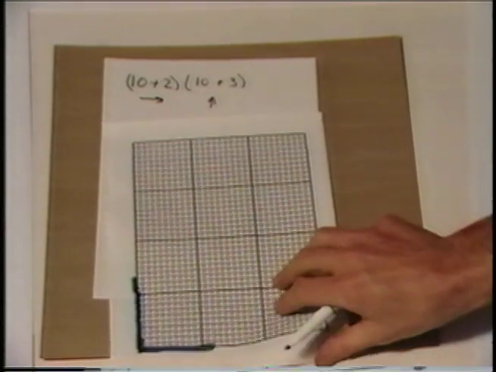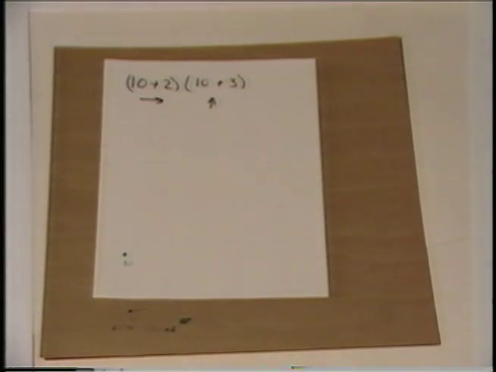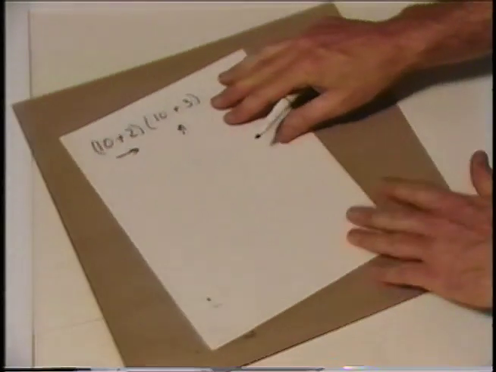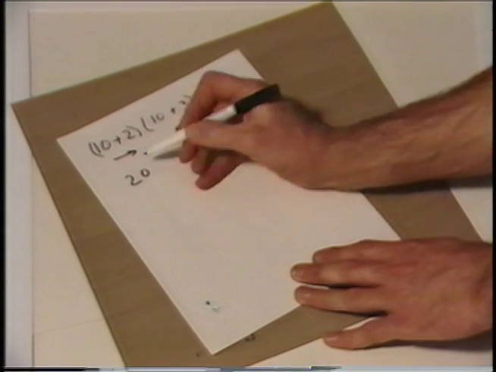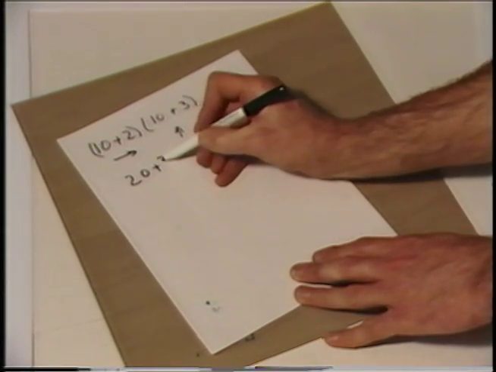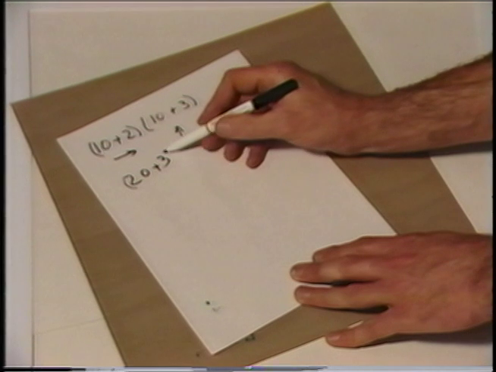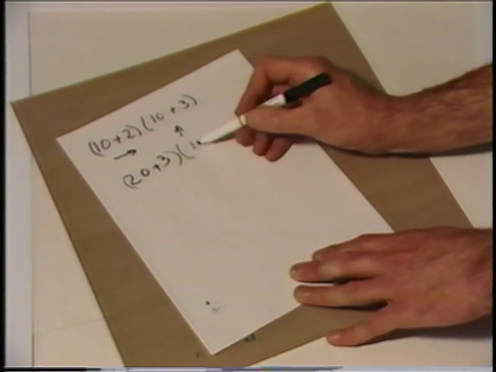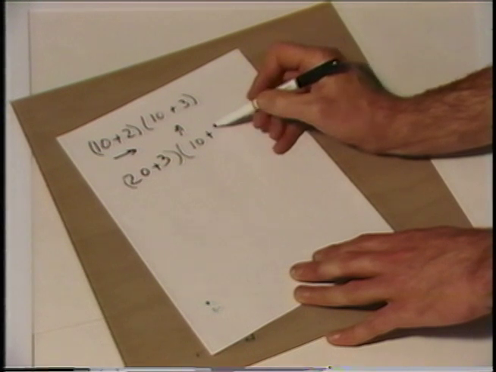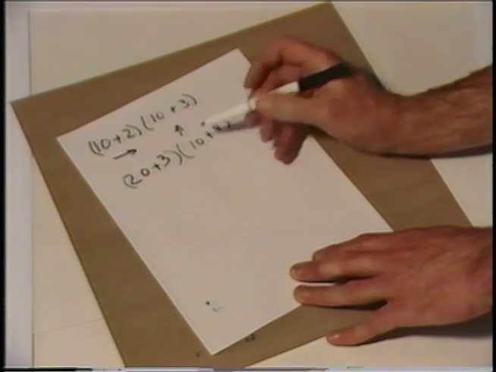Let's look at another problem. Let's look at some factors. Over 20 plus 3, up 10 plus 4.